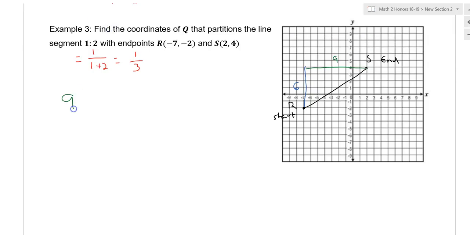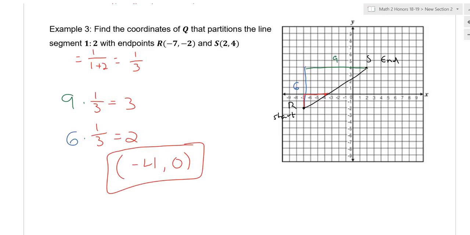Start with x: 9 times 1/3 is 3. Six times 1/3 is 2. So I'm going up 2, over 3. I think my line's off a little bit. Now we get the point -4, 0.